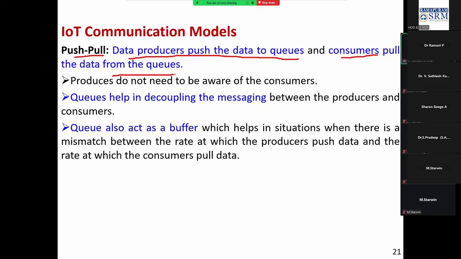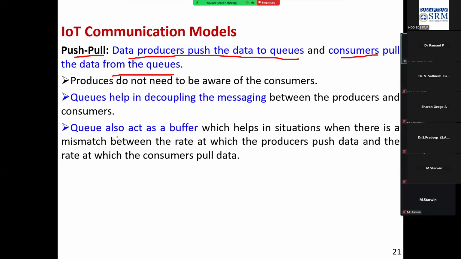The data generators, as soon as they generate the data, put it into a memory location. Then whoever wants the data will extract it from the memory. So why is this model very important? Because the devices which require data might operate at different speeds.